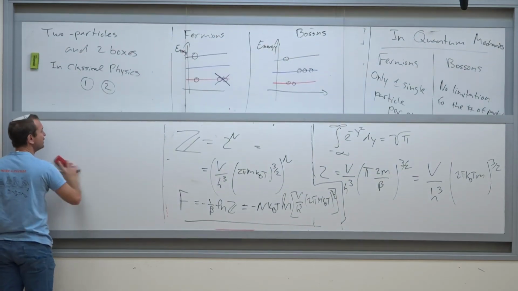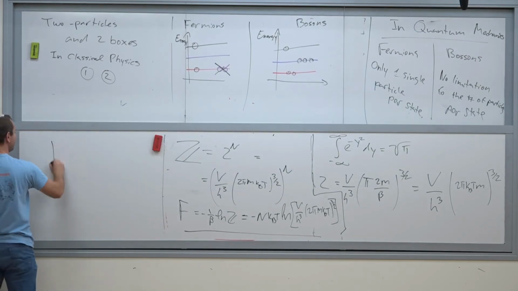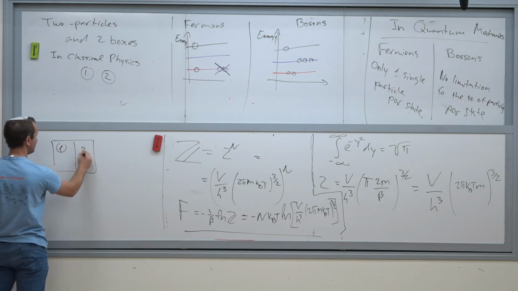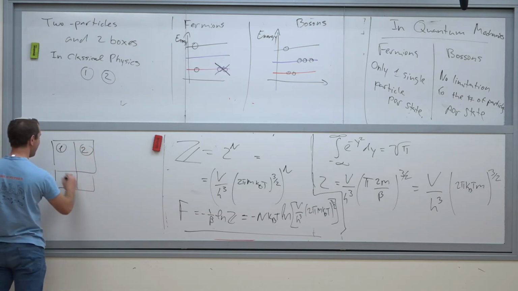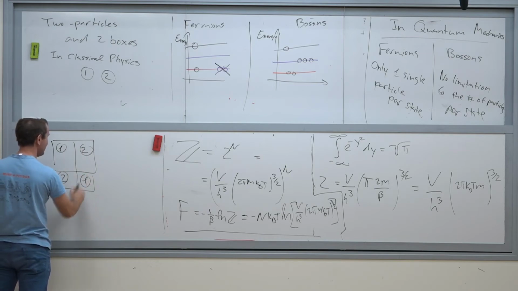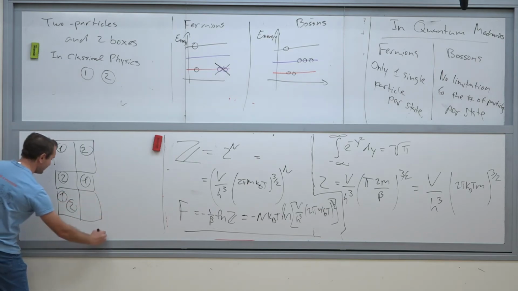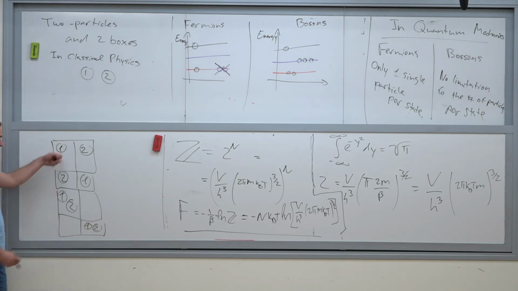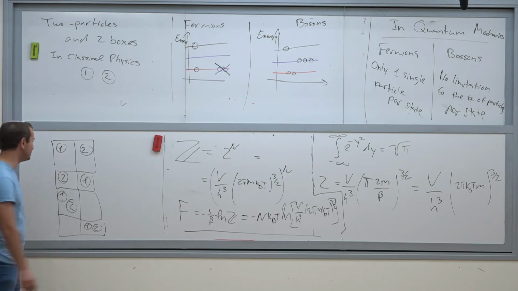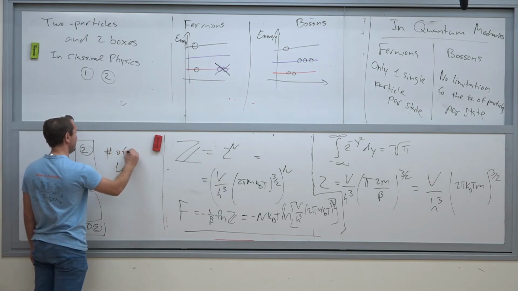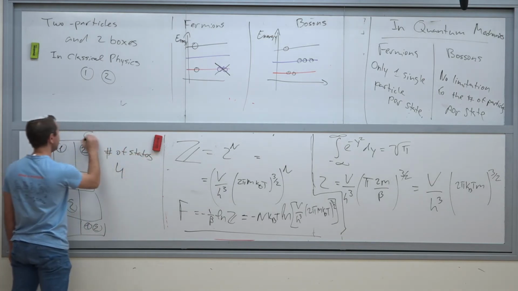So for the number of different states in classical physics, I have the boxes, and I can have particle 1 over here and particle 2 over here, or particle 2 over here and particle 1 over here. An additional different state is particle 1 and particle 2 both over here, and both over there. The number of states for this system is 4. This is a classical system.